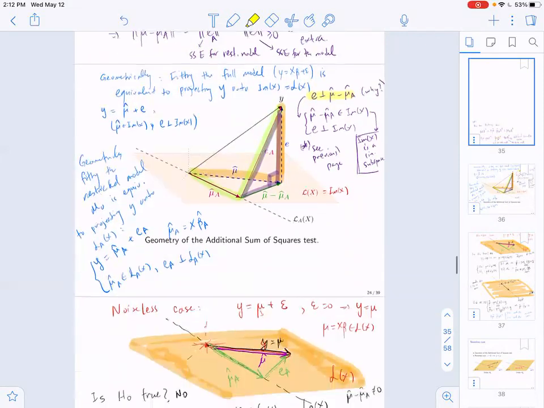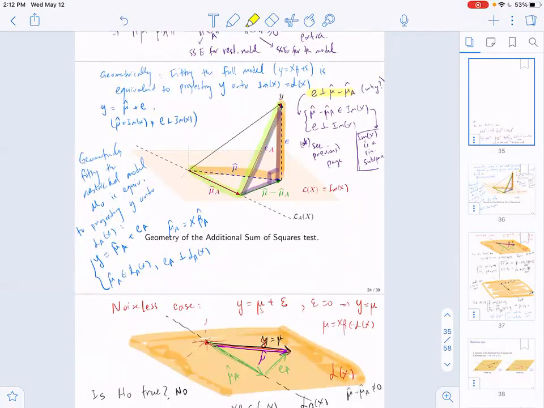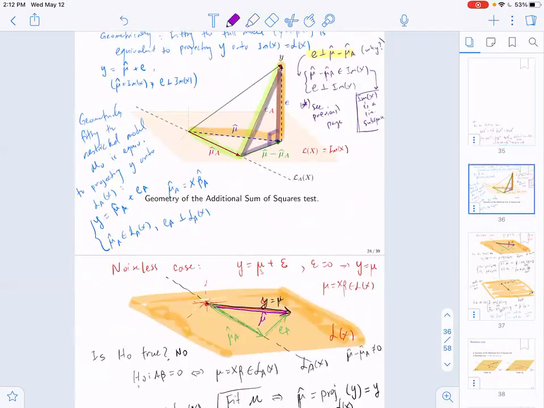There are other orthogonality relations in this figure as well. So for example, something that came up in the midterm, I saw a couple of people ask that question. How do you compute, for example, this guy if you're given just the norm of y and X and beta hat, but not y itself? So X beta hat would give you this mu hat, right?